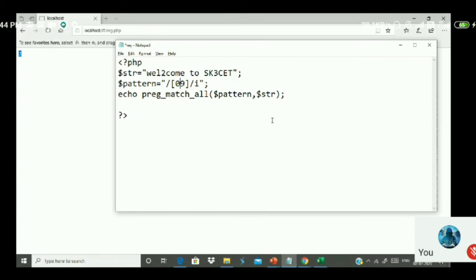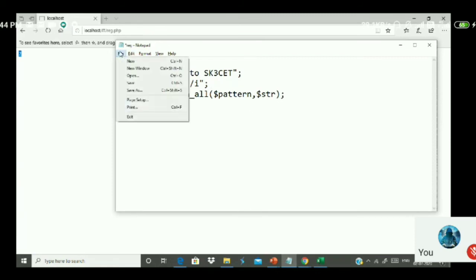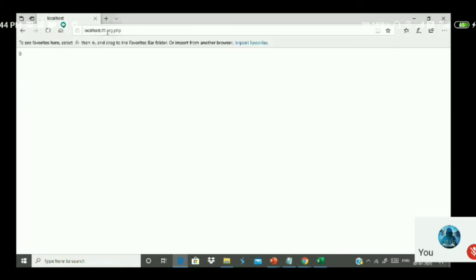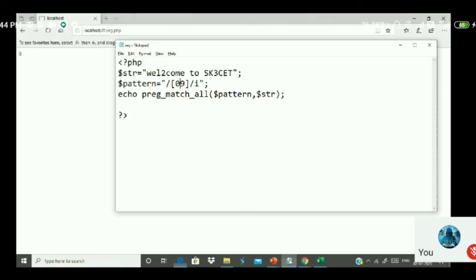Now what will be the answer? 0, sir. Why? Because now it is not a range. It actually verifies only two digits, 0 and 9, inside the string. Are you able to understand? Yes, sir.